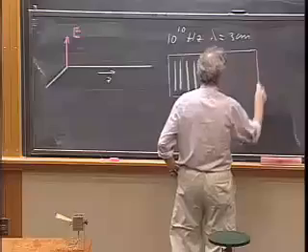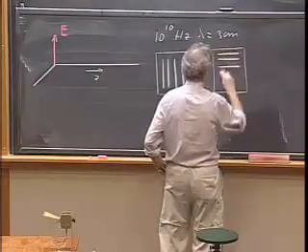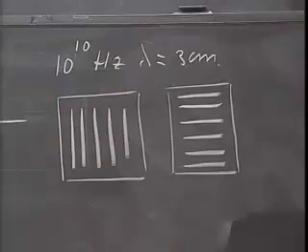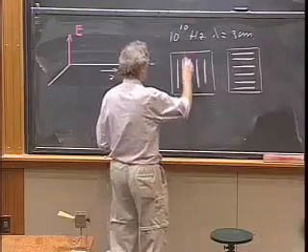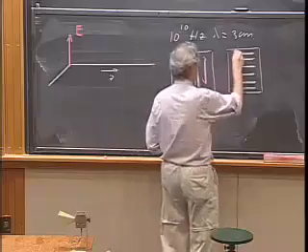And in the other situation, the comb is going to be like this. So in both cases, will the electric field of the wave that comes in be in this direction? And here it will be in this direction.